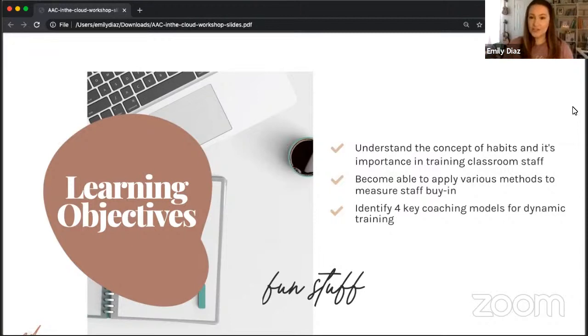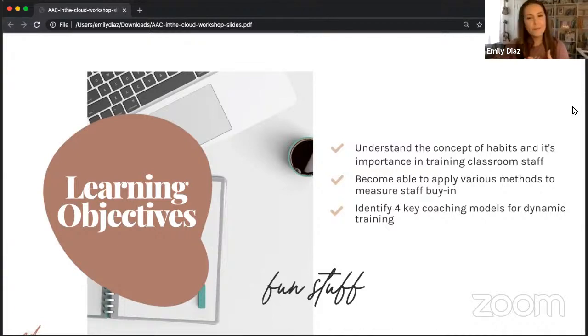At the end of this presentation, you should understand the concept of habits and its importance in training our classroom staff. You should become able to apply various methods to measure staff buy-in. So remember, we're going to talk a lot about coaching and habits, and then how that ties into staff buy-in.